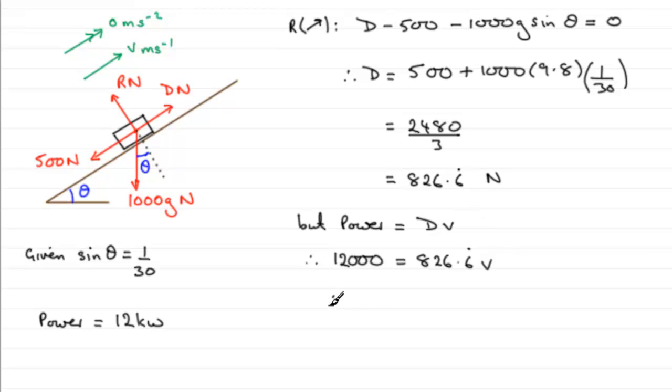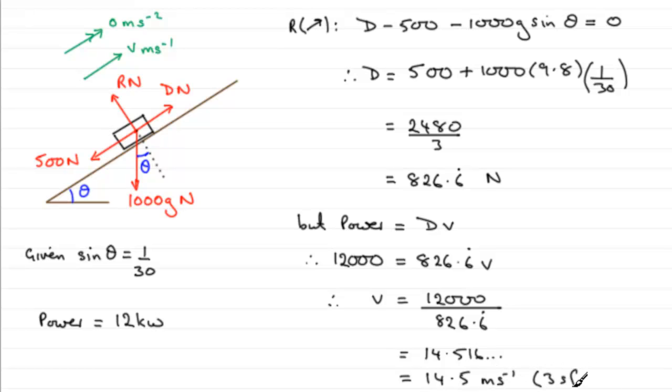So to get V, all we need to do is do 12,000 divided by 826.6 recurring. And if you work that out, you find that you get 14.5516, and so on. Which, if you round that to 3 significant figures, it's going to be 14.5 meters per second.